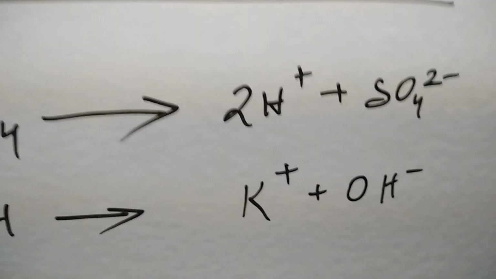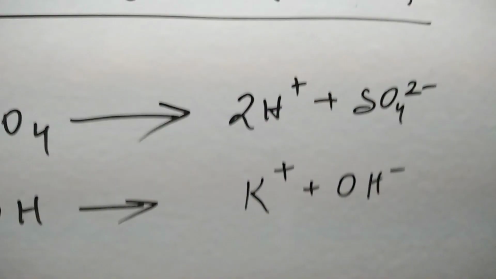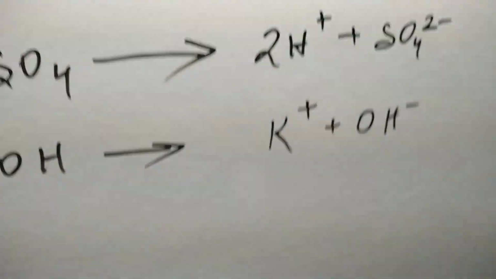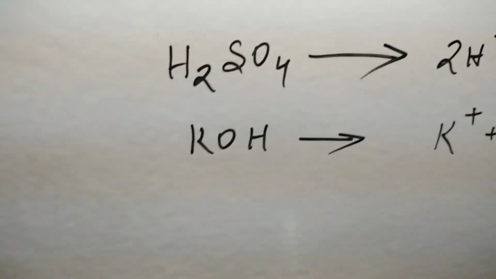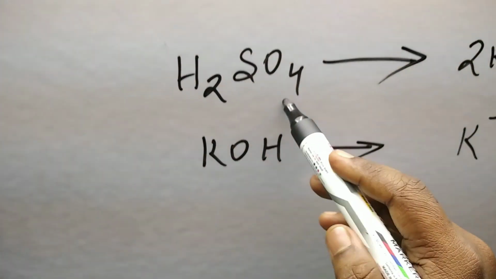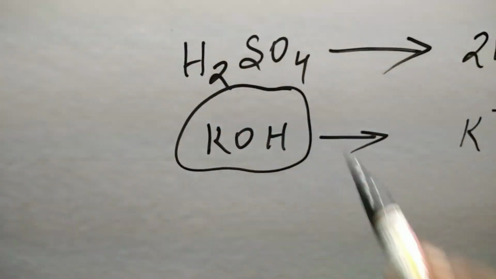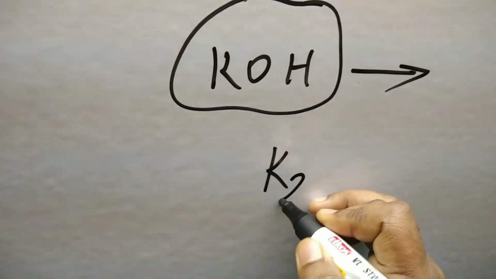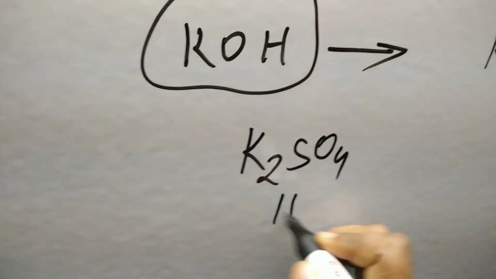Now how does the reaction carry out? We saw in the example that when sulfuric acid reacts with potassium hydroxide, it forms potassium sulfate and water.